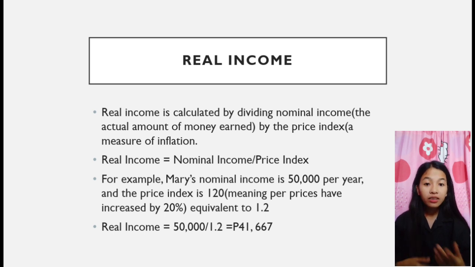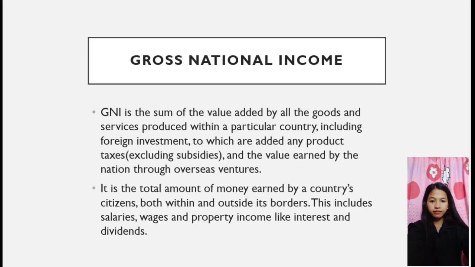So, to get the real income, we divide: 50,000 divided by 1.2 equals 41,667 pesos. So that is Mary's real income.